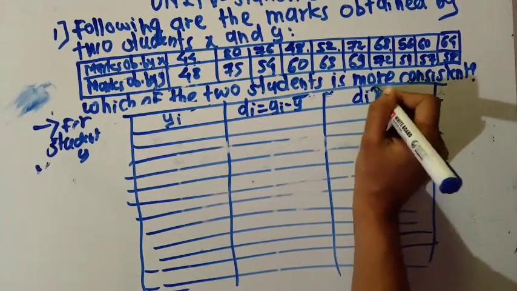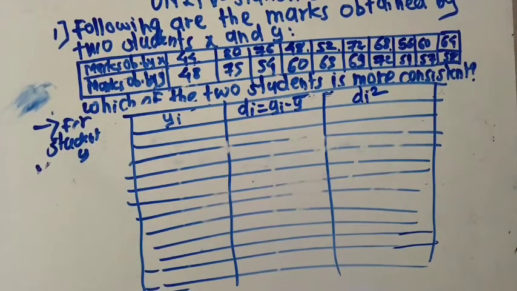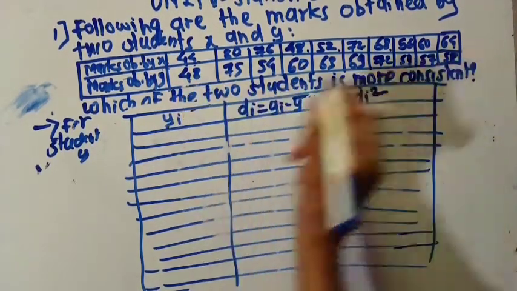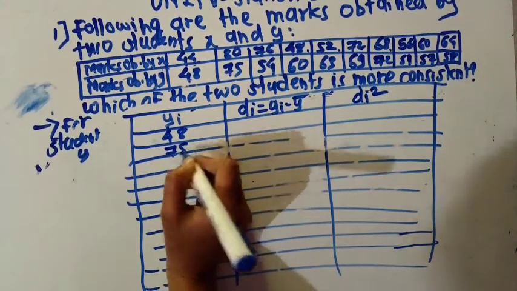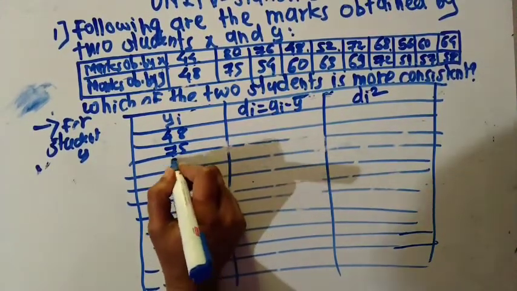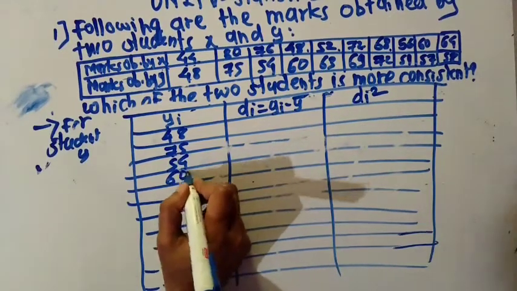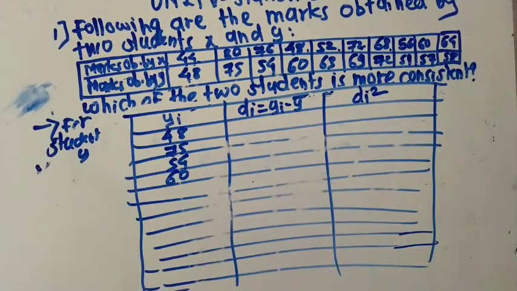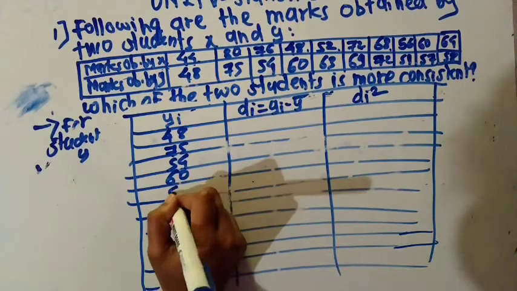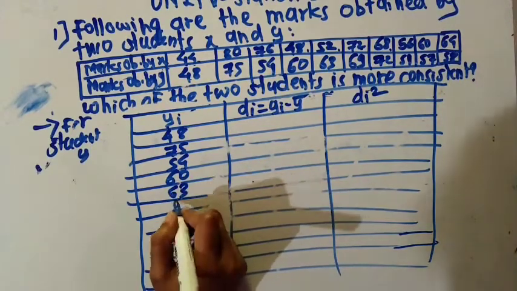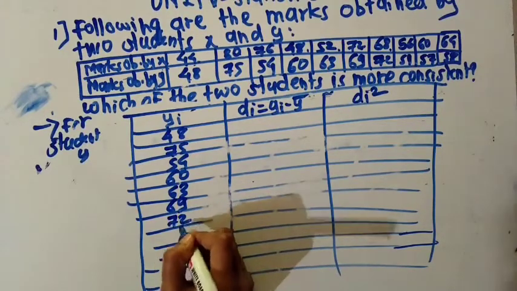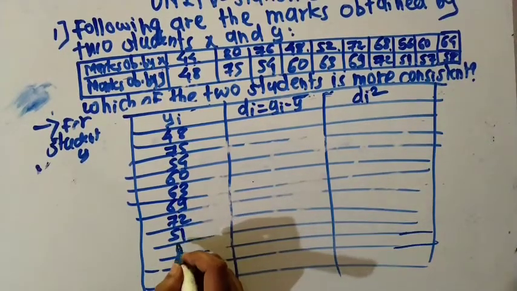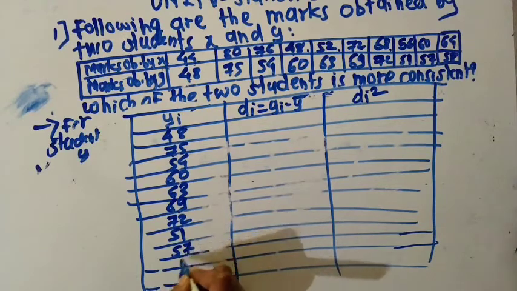Then di square. Then the marks of student Y are 48, 75, 54, 60, 63, 69, 72, 51, 57, 56.